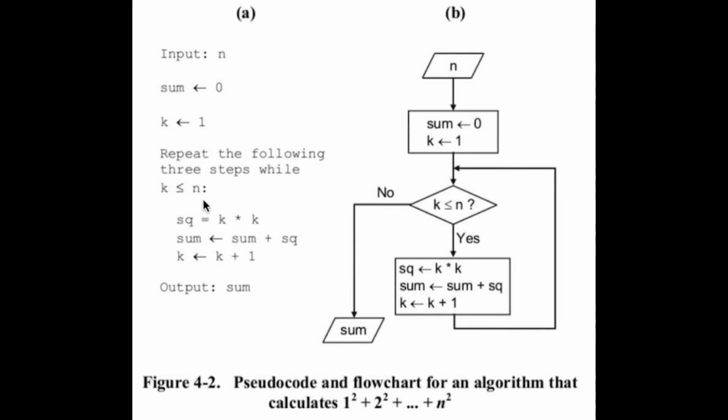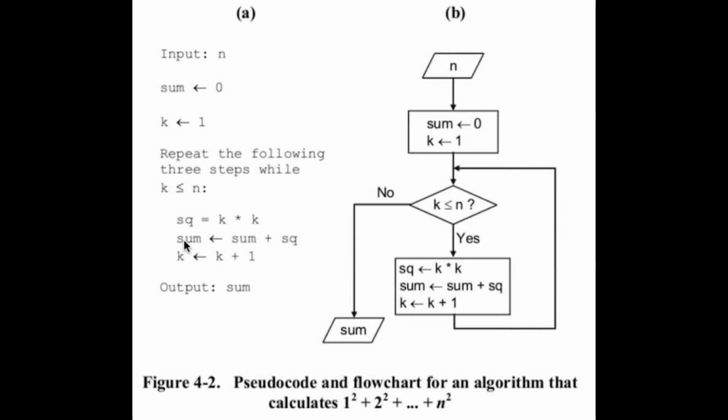So while this k variable is less than or equal to the n variable, we're going to make sq equal to k times k. So we're doing the sum of squares. That's what this algorithm is for. Then we make sum equal to the existing sum plus sq.